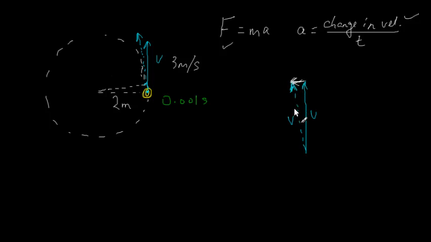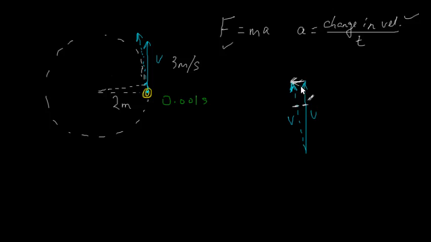triangle, once again we have an isosceles triangle. This side is equal to this side. If you look at this, it is a very small angle. We'll work that out in a moment. And if you look at this little arrow that represents the change in velocity, clearly it looks very close to 90 degrees relative to this starting velocity.